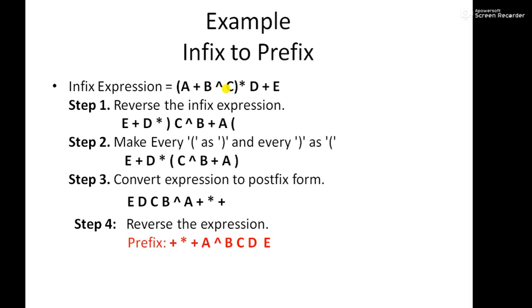So first we will have to reverse this infix expression. After reversing, the expression will look like this. Then we'll have to make the opening bracket closing and the closing bracket opening. So we'll have to do this reverse also. So the reversed expression will look like this, right?